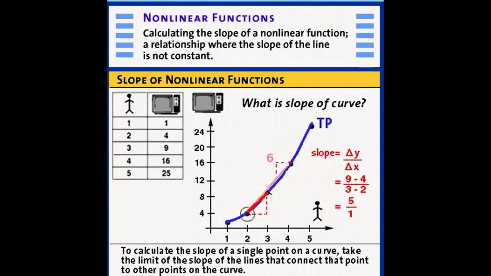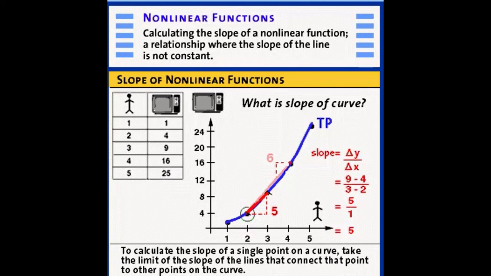So the slope at this point is 5. Notice what's happening. As we move from this original red line that connected these 2 points to the red line that connects 2 closer points, the slope is getting flatter. It's gone from rise over run of 6 to rise over run of 5.